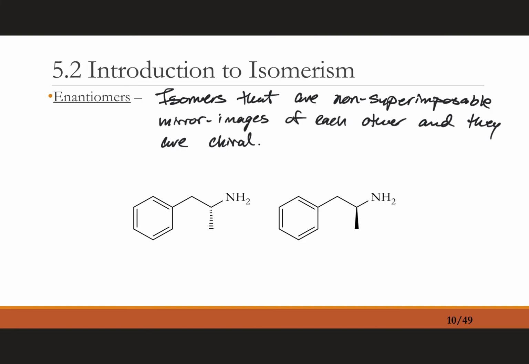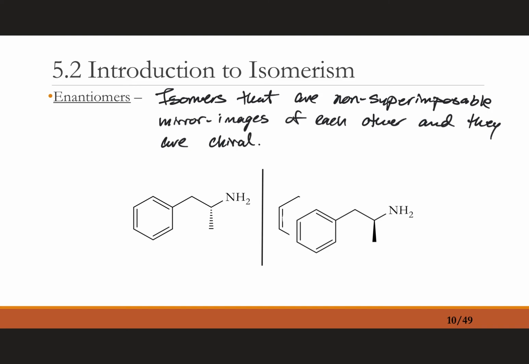So if you look at the two molecules there, they're not mirror images as shown, but if I were to flip the molecule on the right over, let me do that, then again, because I've flipped it, that actually makes the methyl group there go from being in the front to being in the back.